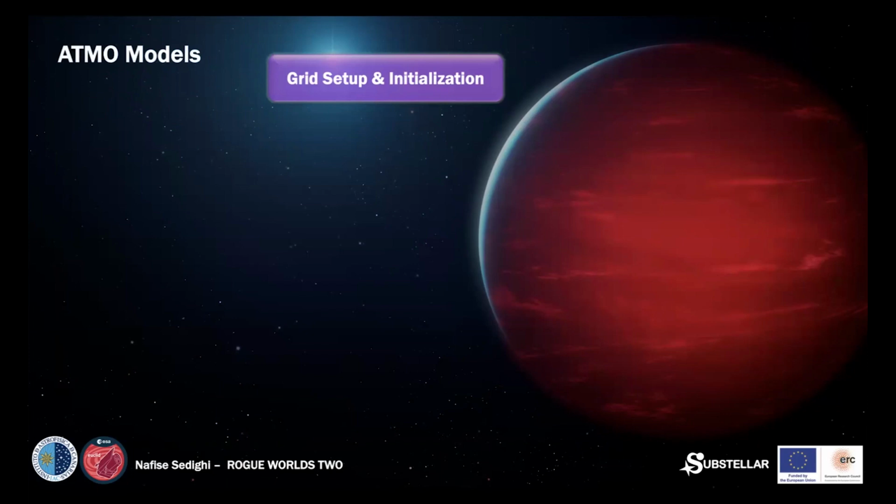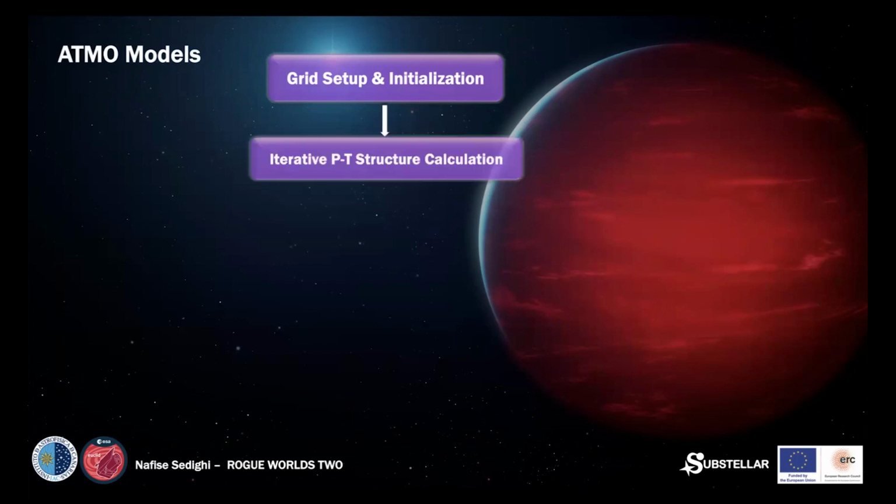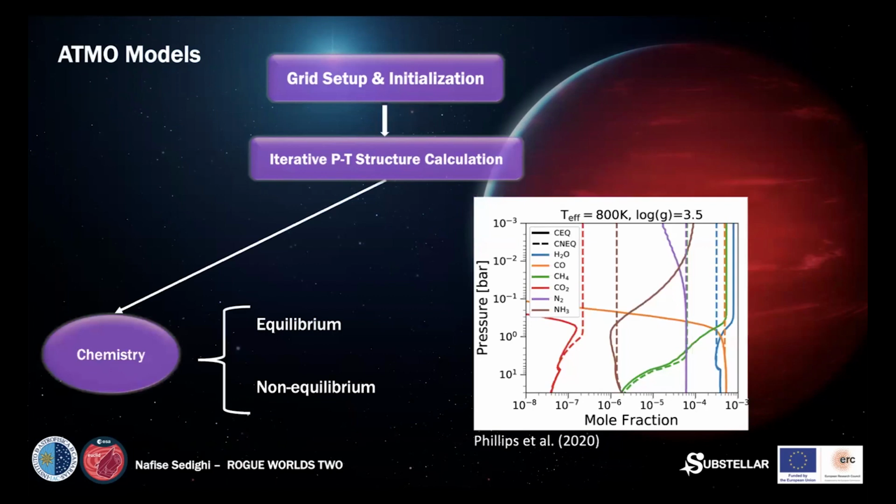So we need to have a grid setup and produce the pressure temperature structure. So we need at first to choose our chemistry. In the ATMO model, we have the equilibrium and non-equilibrium chemistry.